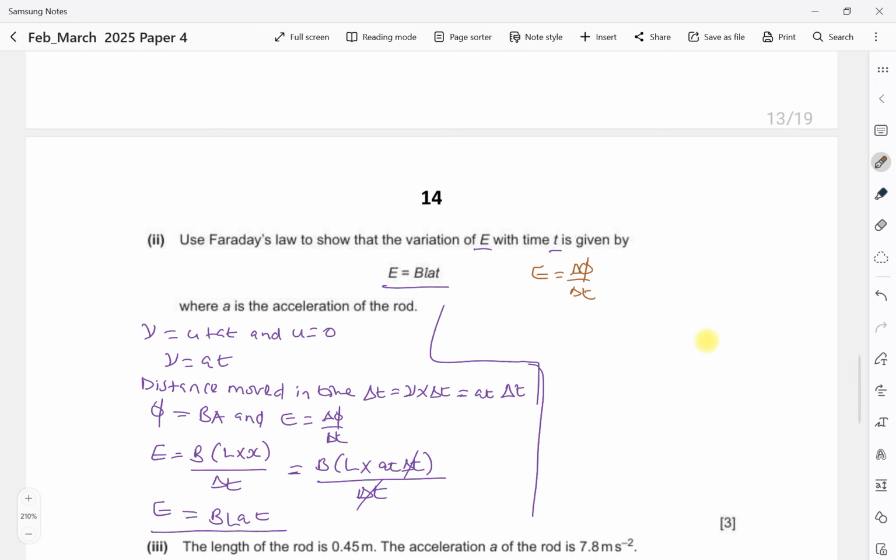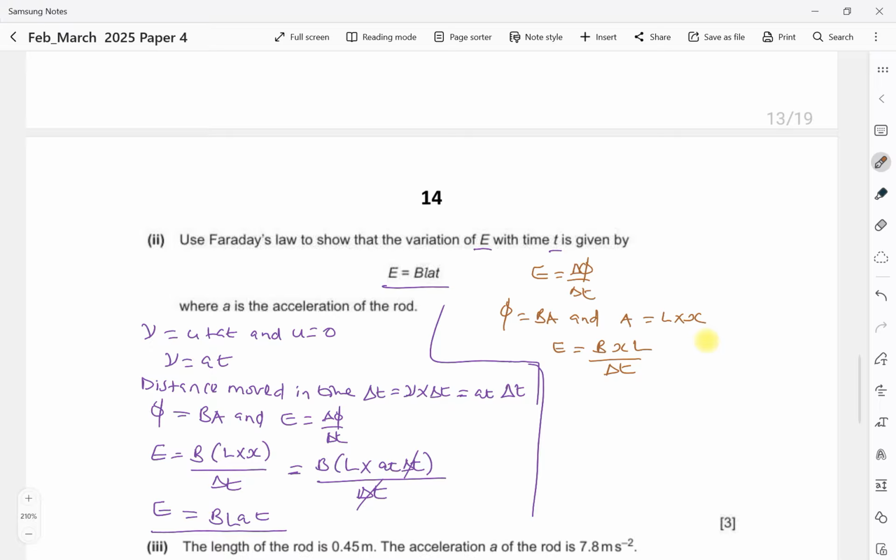And we know that magnetic flux is equal to BA, and the area swept through by the conductor is equal to the length of the conductor times the distance through which it moves. Therefore, the induced EMF E is going to be B times x times L divided by the time delta t.